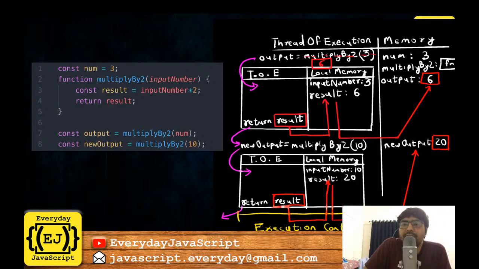Hence, the thread of execution and local memory were used over here. It executed the code in the context of this particular memory. Pretty simple, right?